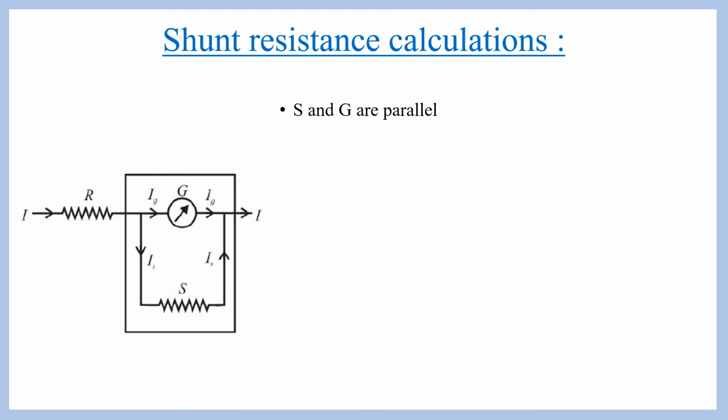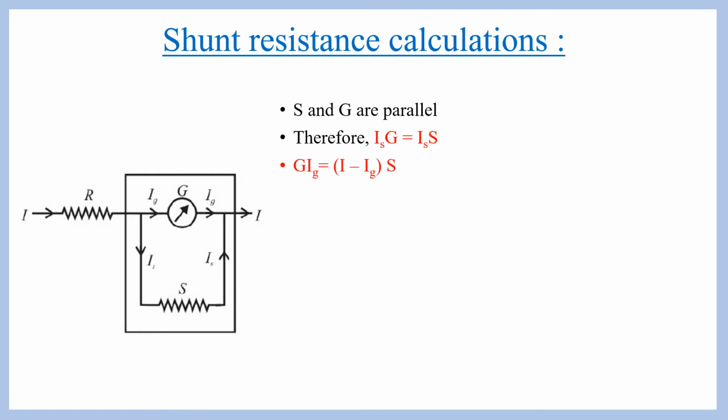So the potential drop across the galvanometer must be equal to the potential drop across the shunt resistance. So the expression is Ig into G will be equal to Is into S. Ig into G represents the potential fall across the galvanometer resistance, and Is into S will be the potential drop across the shunt resistance.